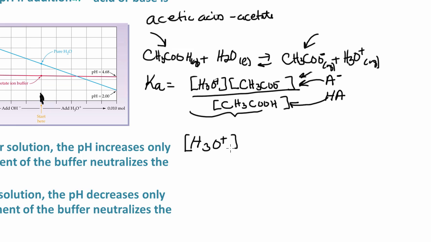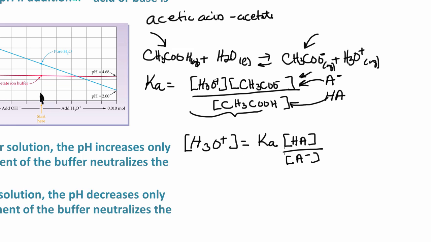So hydronium ion concentration then is going to be equal to the acid dissociation constant, Ka, times the concentration of the acid over the concentration of the conjugate base.